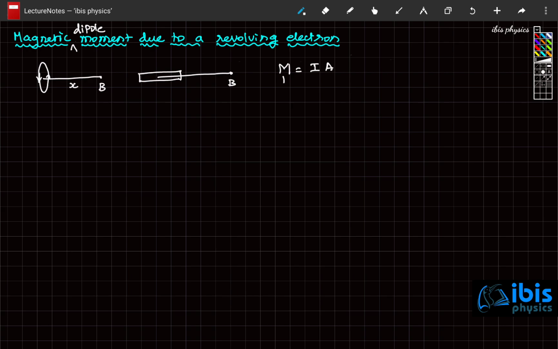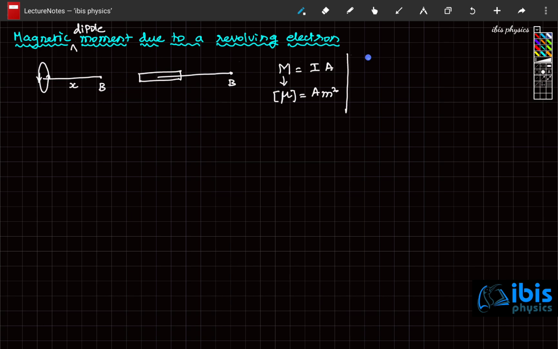So the magnetic moment can be represented by the Greek letter mu, equal to current into area. The unit of magnetic moment, through this expression, with current in ampere and area in meter square, is ampere meter square.